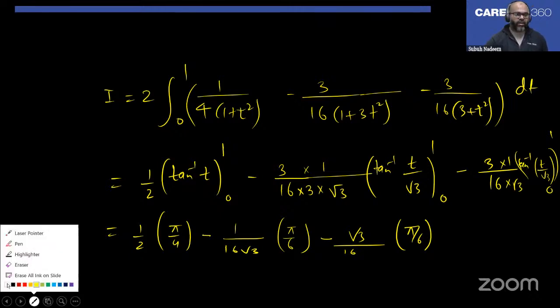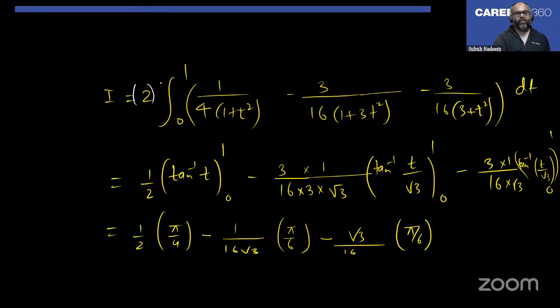Here, this 2 is multiplied to this whole integration. So this 2 I multiplied to the first one, but to the second one, I forgot to multiply it. So it will be into 2 here. And this will also be into 2 here. So into 2 and into 2. Okay. That is fine.